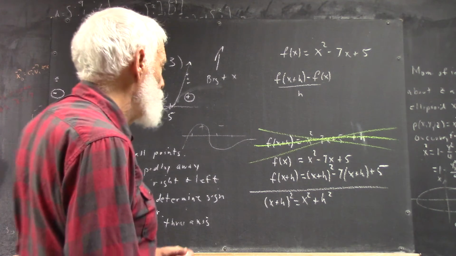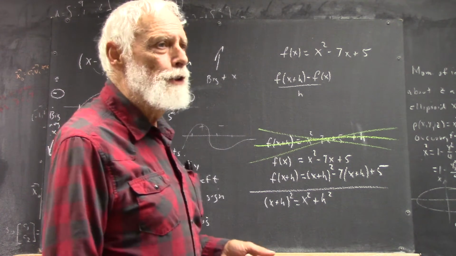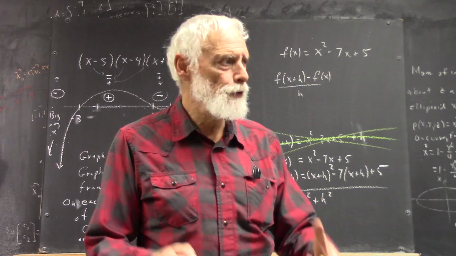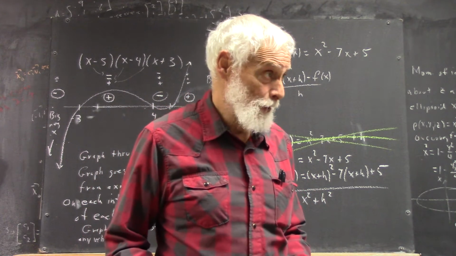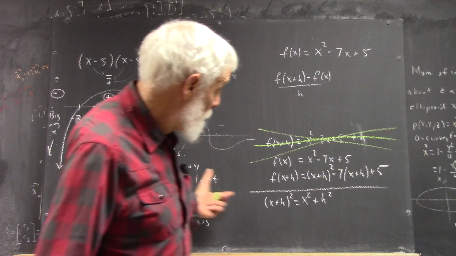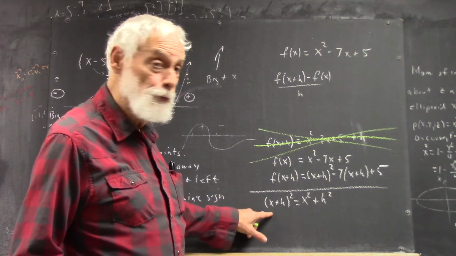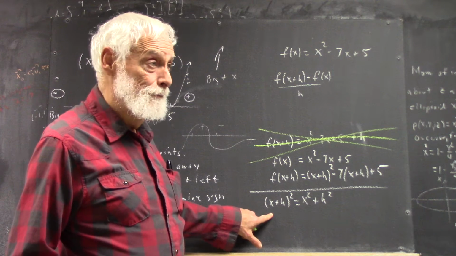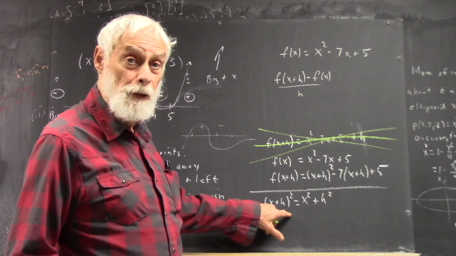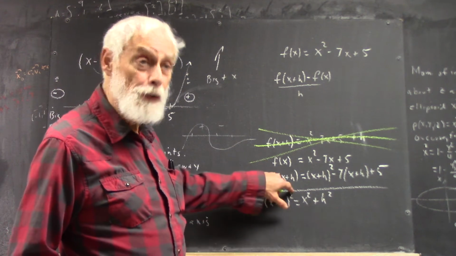What do we mean by x plus h squared? We have a distributive law of multiplication over addition. Is there multiplication involved here in this expression as it's written? You're not multiplying 2 by x plus h. You're raising x plus h to the second power.